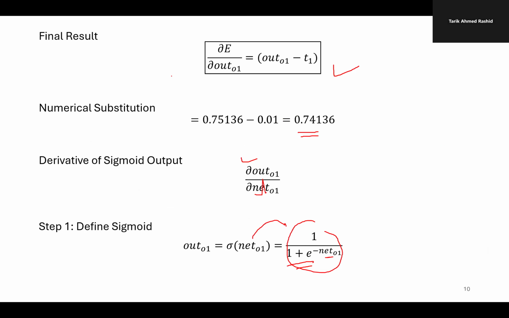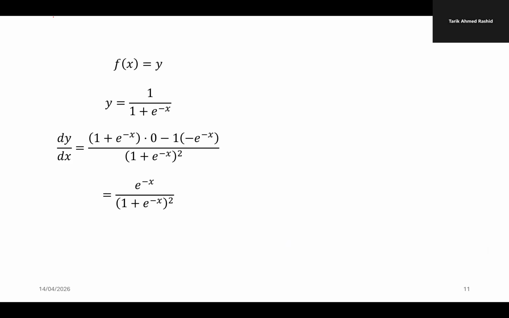So here we have this part, sorry, we have this part multiplied by the derivative of 1, which is 0, minus 1 multiplied by the derivative of this one. It will be only minus e to the power minus x.